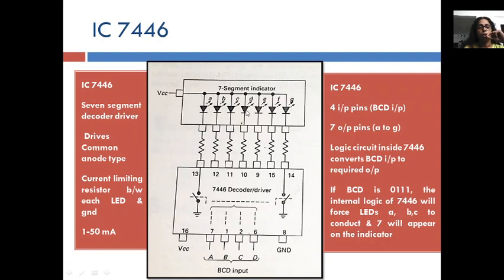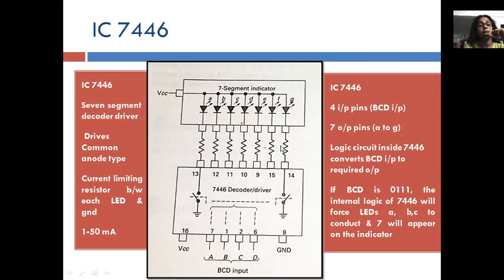And on looking at the diagram, you can see that at each terminal, between each LED's negative and the ground, there is a resistor. External resistors are connected, and these resistors are known as current limiting resistors, which limit the current flow into the 7 segment indicator.